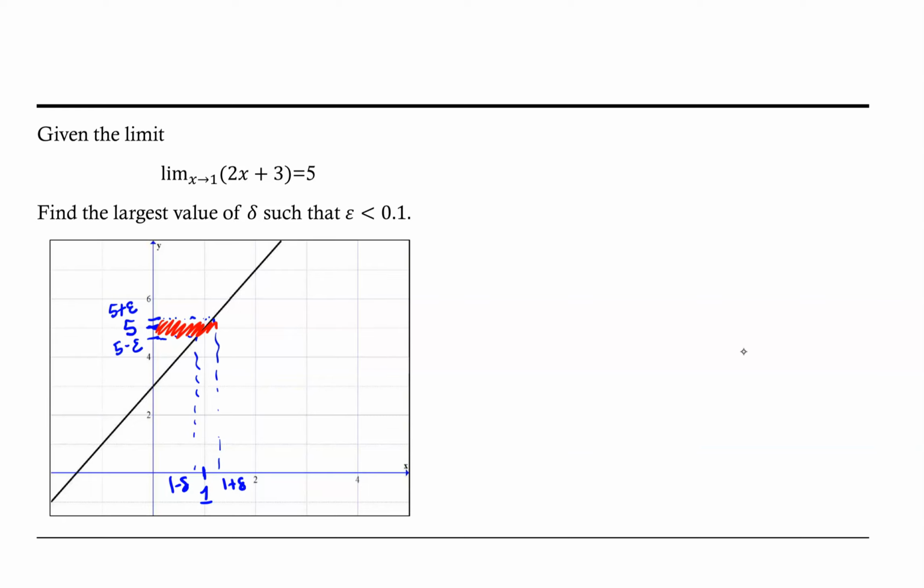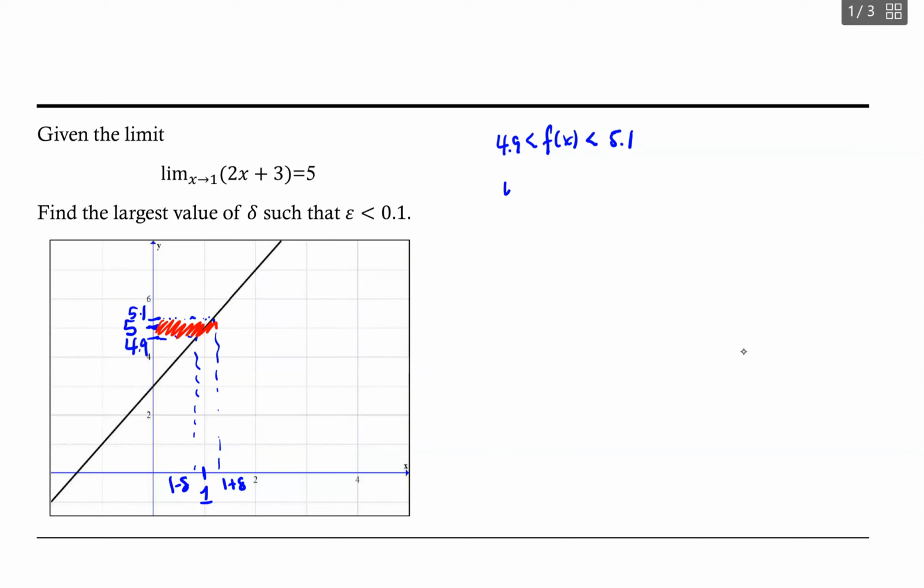Now we do know that epsilon is 1/10, so we can replace 5 plus epsilon with 5 plus 1/10, which is 5.1. 5 minus 1/10 is 4.9. So what we want to have happen is our function values land between 4.9 and 5.1.